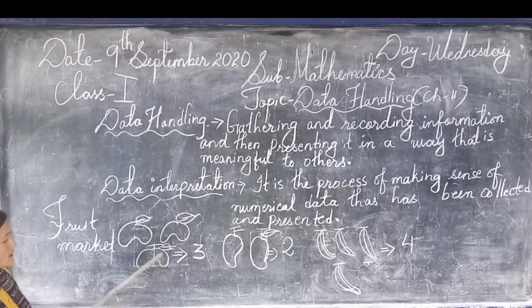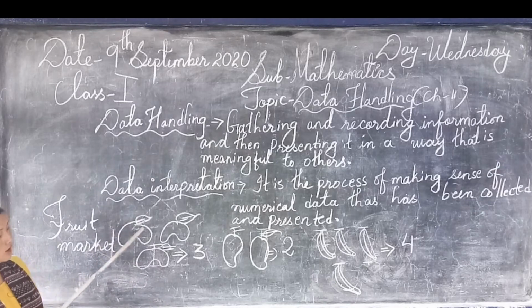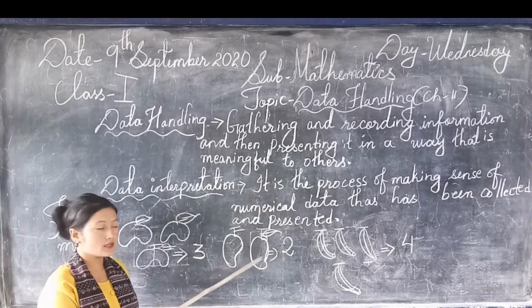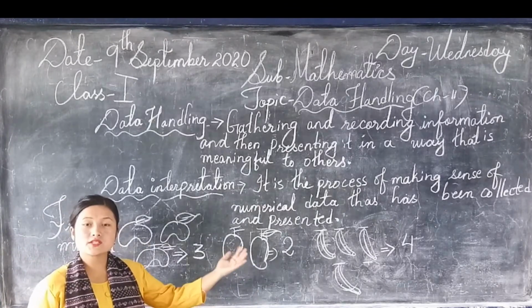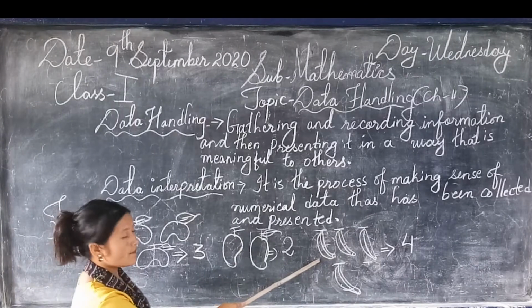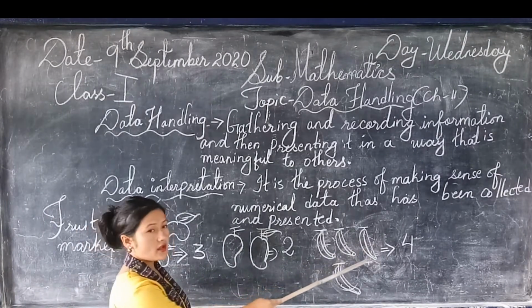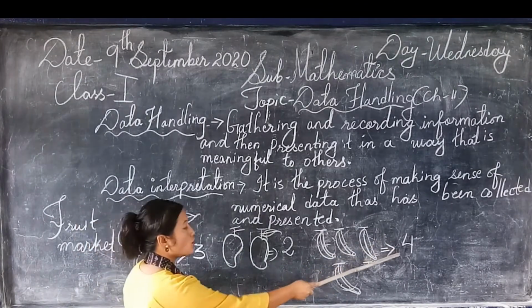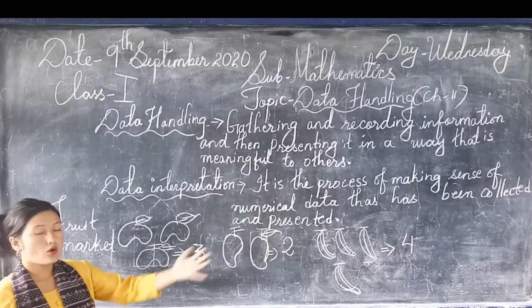In the first box, let us think, there are apples, mangoes, and bananas. First of all let us count the apples: 1, 2, 3. 3 apples. 1, 2. 2 mangoes in another box. 1, 2, 3, 4. 4 bananas in one box.